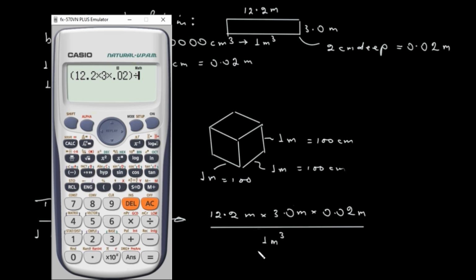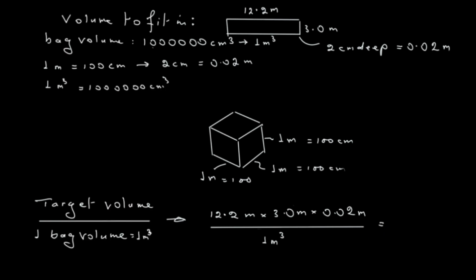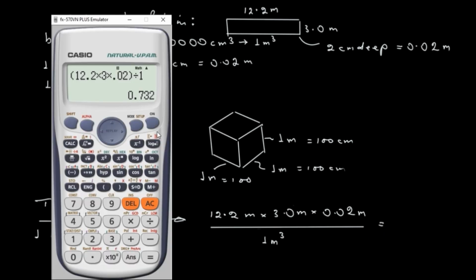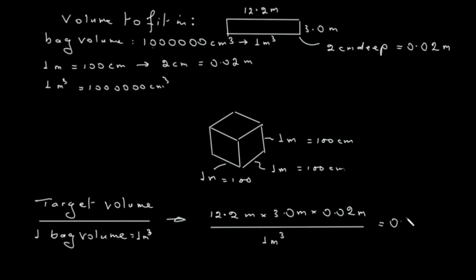Divide all that lot by 1, it doesn't change it. So that will give me 0.732 of a bag. So the question is, how many bags will you need? Well, you can't have a part bag, you'll have to have 1 bag. Done.